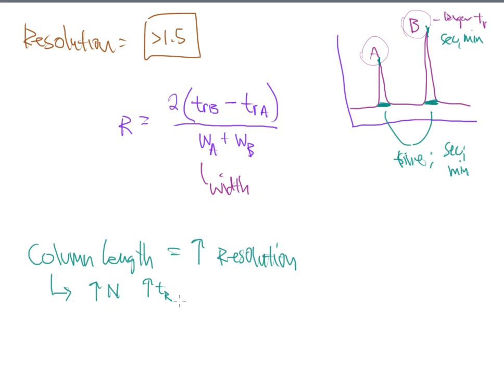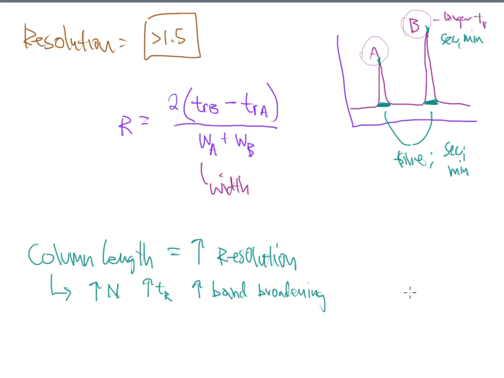The other problem here, not just time, but you're also going to have the chance of increasing what we call band broadening. And band broadening was something that we wanted to stay away from, right?